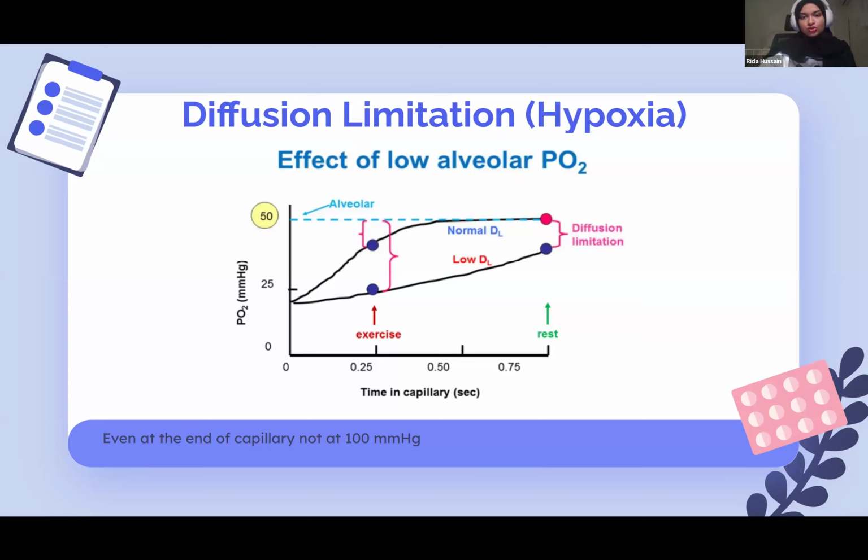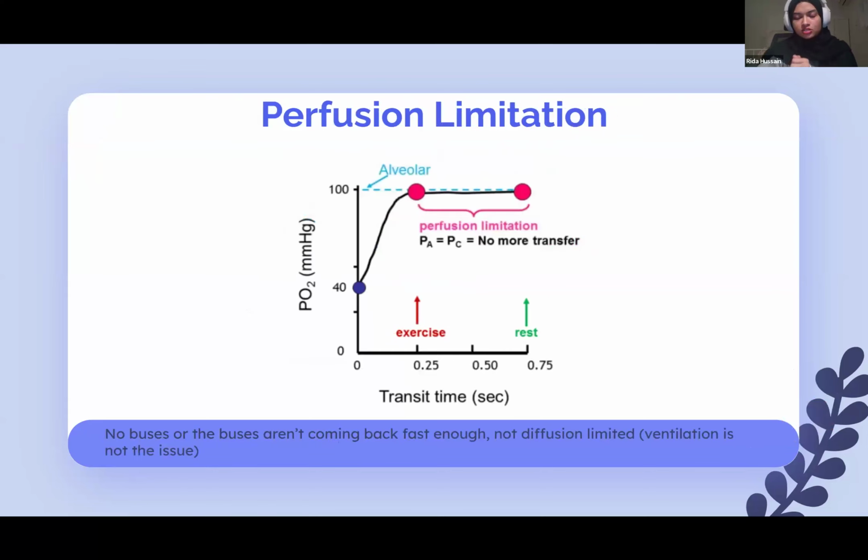Moving on to perfusion limitation. How I like to remember this is that whenever there is a plateau, there is perfusion limitation. What is a plateau? It's like the straight line, okay? So this straight line, the plateau, is a perfusion limitation. What is happening over here is that there are not enough buses, but there are way more passengers than necessary, okay?